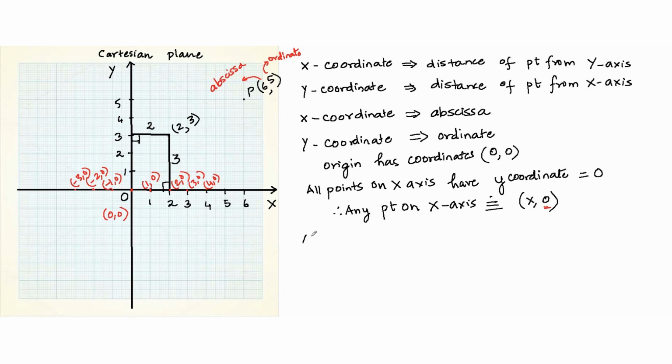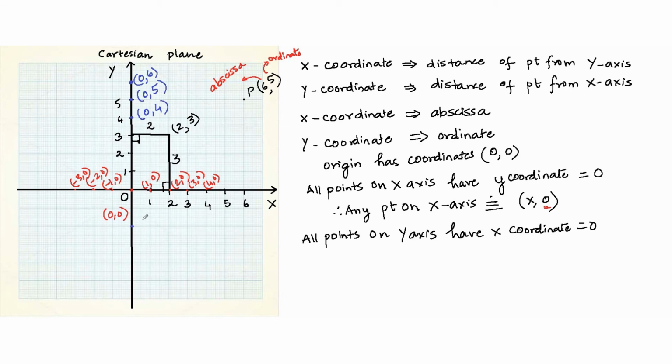And similarly all points on the y-axis have their x coordinate equal to 0. That means you pick any point on the y-axis. So let's pick this particular point. This point has coordinates 0, 6. This point has coordinates 0, 5. This particular point has coordinates 0, 4.